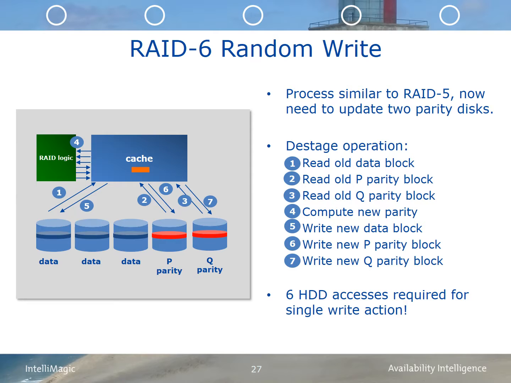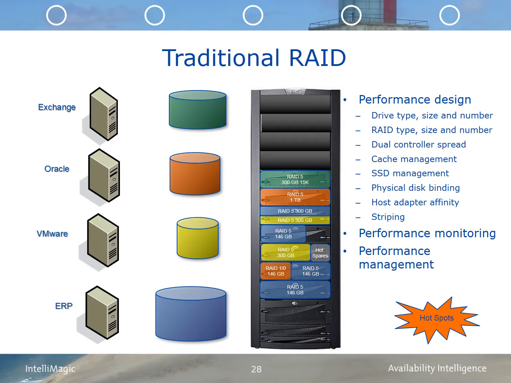So if you have a very highly random write workload, especially if it's intense at all, RAID 6 is not going to perform well. So we looked at the individual RAID technologies, the way they do striping and parity, and what I want to do here is take a step back in this slide and take a look at the overall enclosure and just get an idea of what can happen when you have these different technologies, which by themselves are not bad, but if you start to micromanage the controller across the disk enclosures, you have different types of RAID groups.